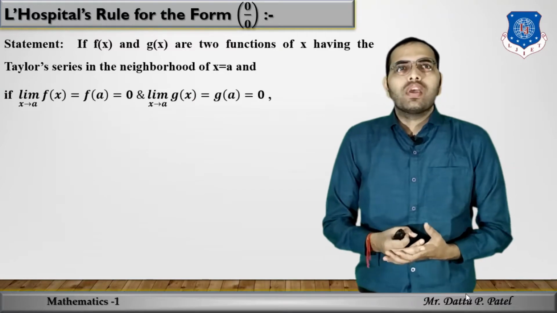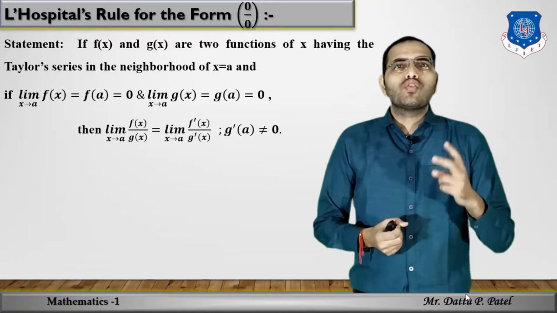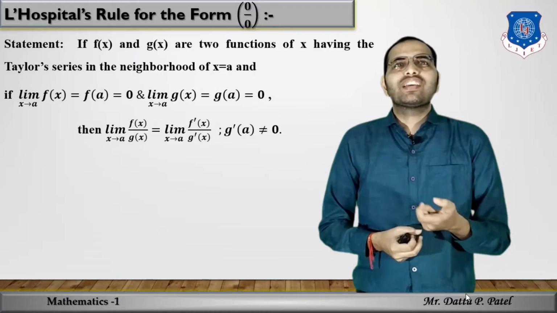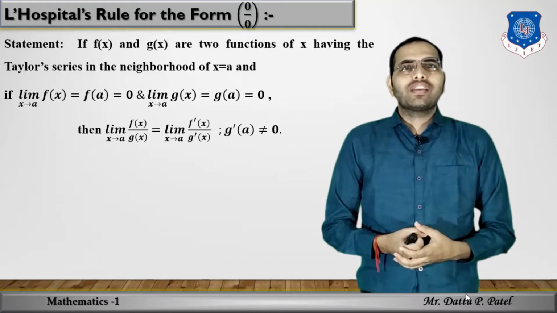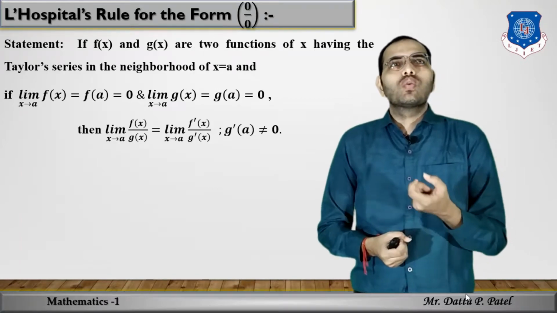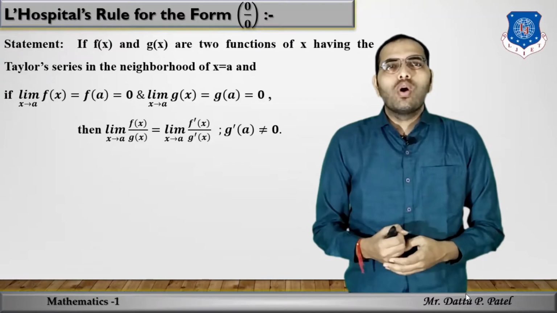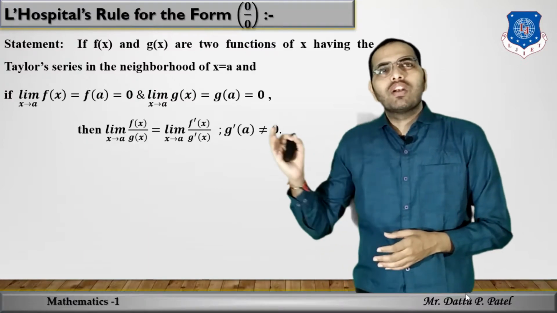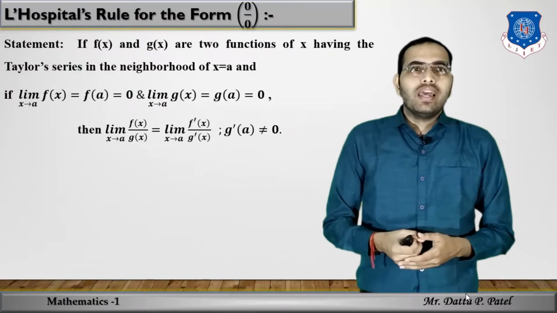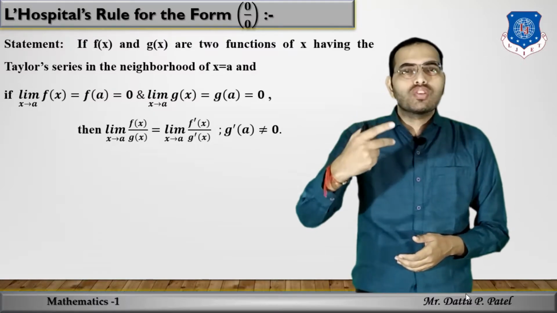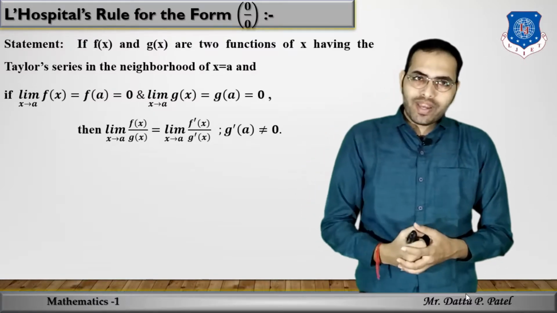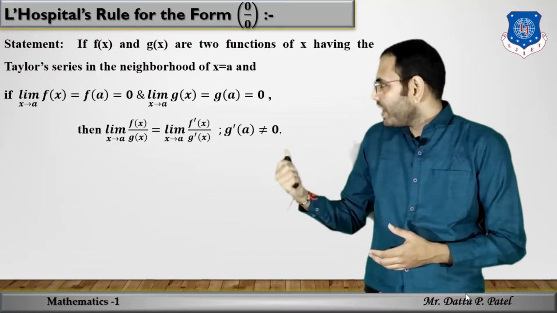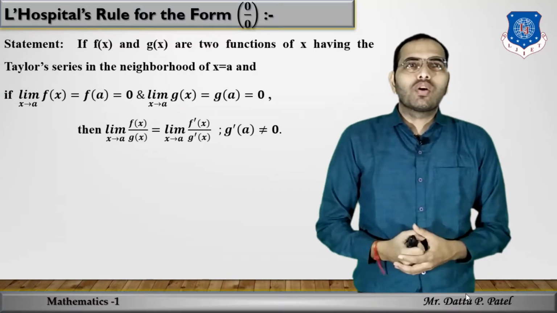Firstly, the statement: if f of x and g of x are two functions of x having Taylor series in the neighborhood of x equal to a, and limit x tends to a f of x equal to f of a, which is 0, and limit x tends to a g of x equal to g of a equal to 0, then applying the limit x tends to a to the quotient of two functions f of x by g of x equal to limit x tends to a f dash of x by g dash of x, where g dash of a is not equal to 0.